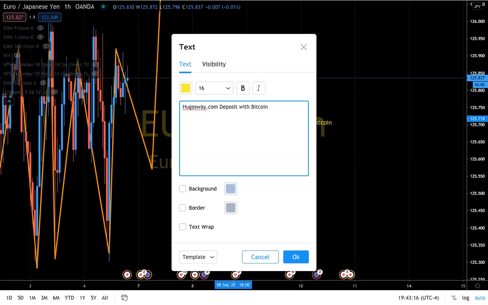Once you do that, first you type in the amount of the deposit that you want to do. So say you want to do $100, you type in $100. And then it's gonna give you a wallet to copy and paste.